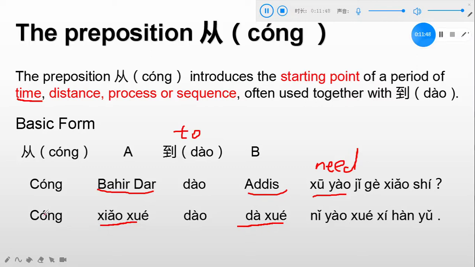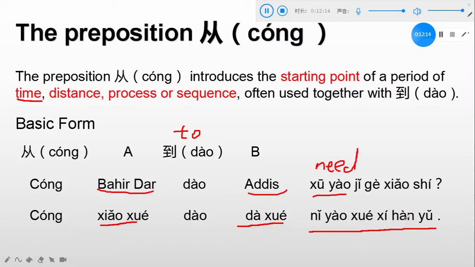So, 从小学到大学. I hope you still remember this too, because I told you about primary school, high school, and college in the level 1 class. So from primary school to college, 你要学习汉语. This is my wish. 你要 you need, 学习汉语 to learn Chinese.